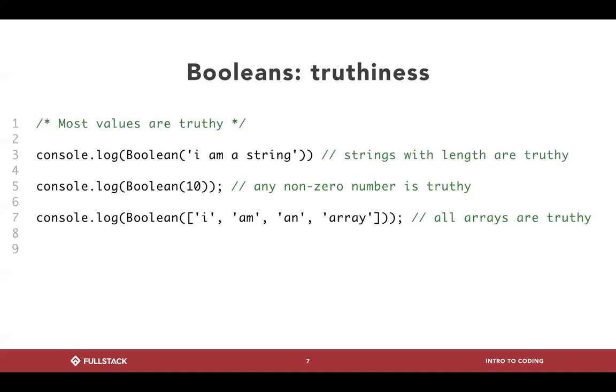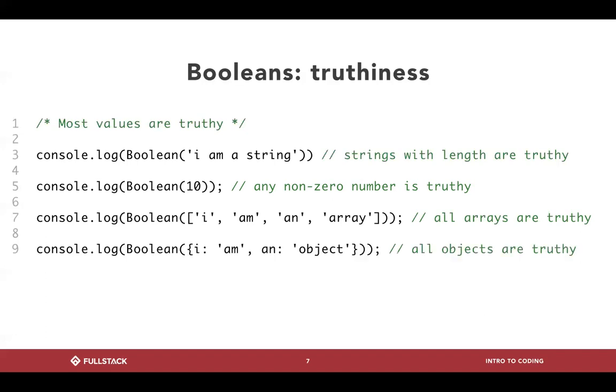Arrays are truthy. Arrays will coerce to true. Same thing, objects. Objects coerce to true. Objects are truthy. So if I console log all these out, each one of them is true.